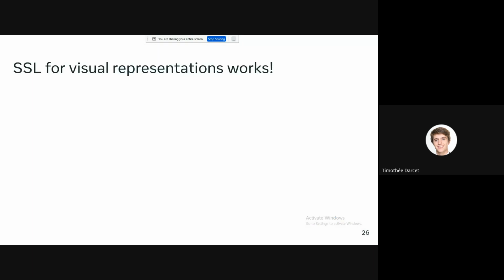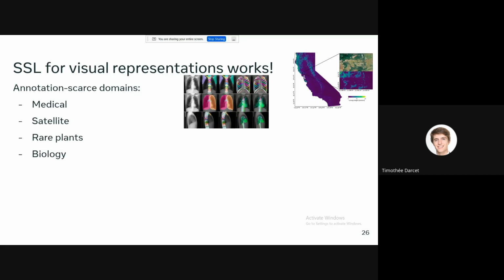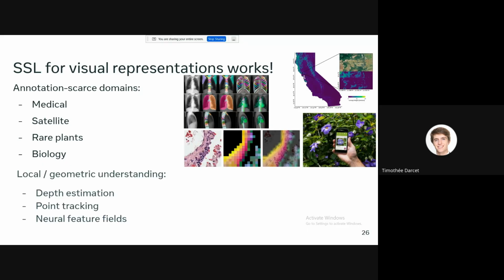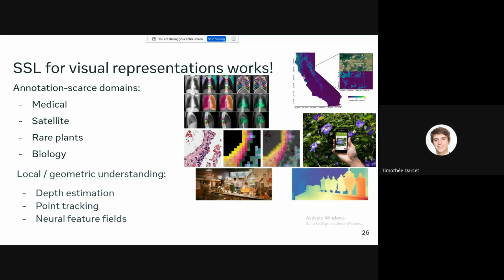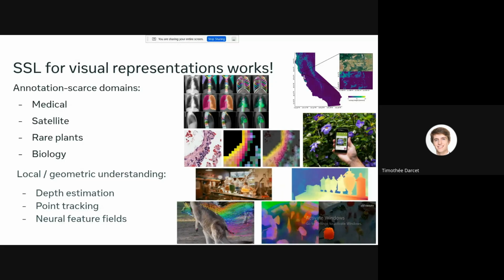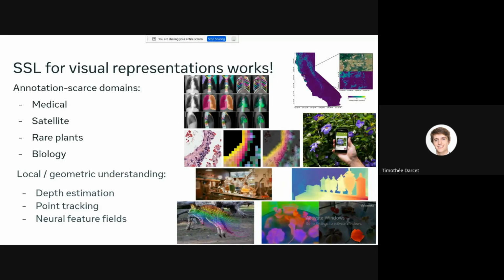Now, for this work, we are quite a bit later. It's been 2 years since DynoV2. And what's obvious is that, as I discussed, for annotation-scarce domains like medical imaging, satellite imagery, biology, and for dense feature maps like this, these things are really dominated by self-supervised learning, specifically by DynoV2.